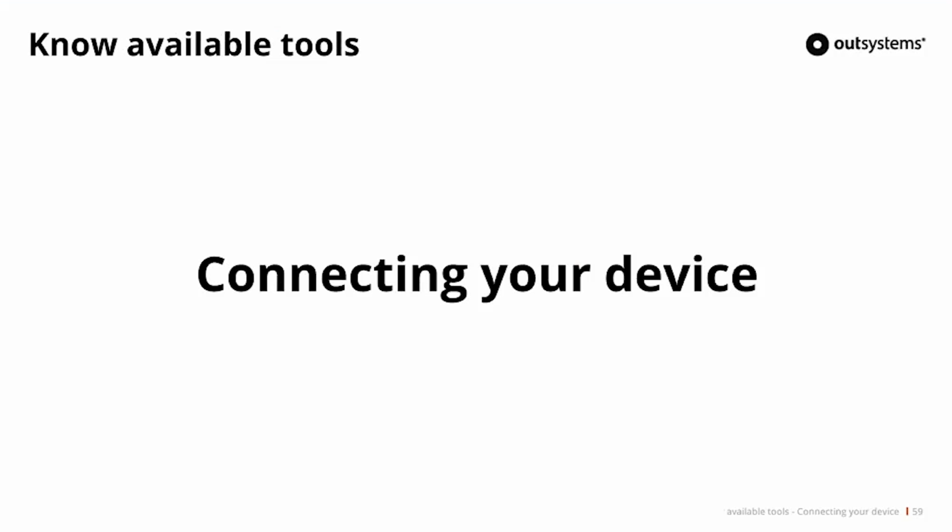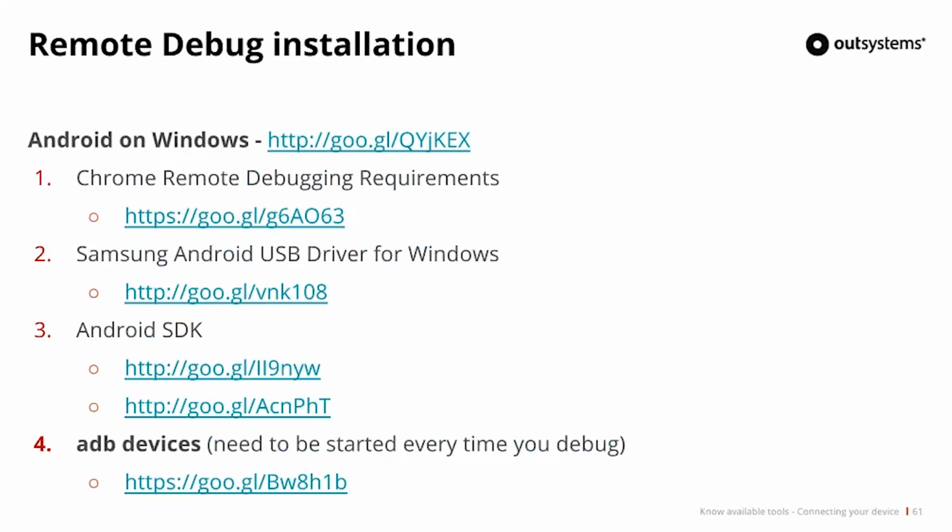However, we are trying to stick to the Chrome DevTools and to connect our device and see it there in the Chrome DevTools. So to set up your Android on your Windows for remote debugging, you have to download all of these things, like the Android SDK and the USB driver for Windows, and you will need to start adb devices every single time.